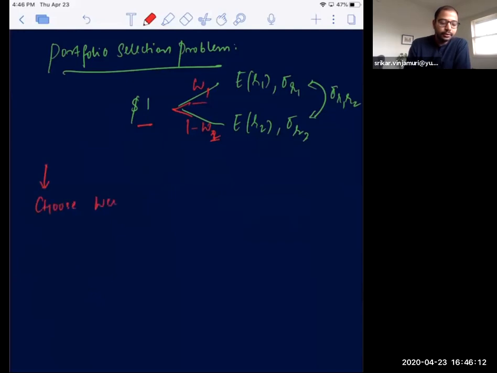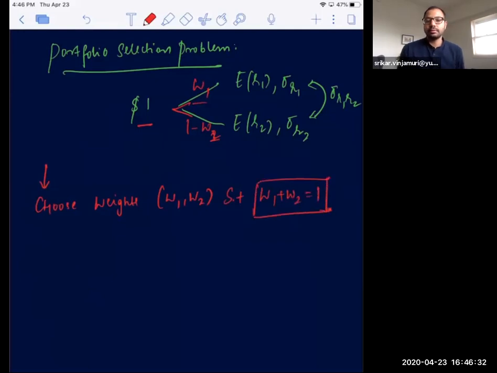So choose weights W1 and W2. You end up choosing these weights. This is the percentage of your portfolio which is invested in either asset. And the binding constraint on this is that the sum of the weights should be equal to 1. We can't ever have a situation where the sum of weights is not equal to 1, because between the two weights, it has to add up to the whole in the end.